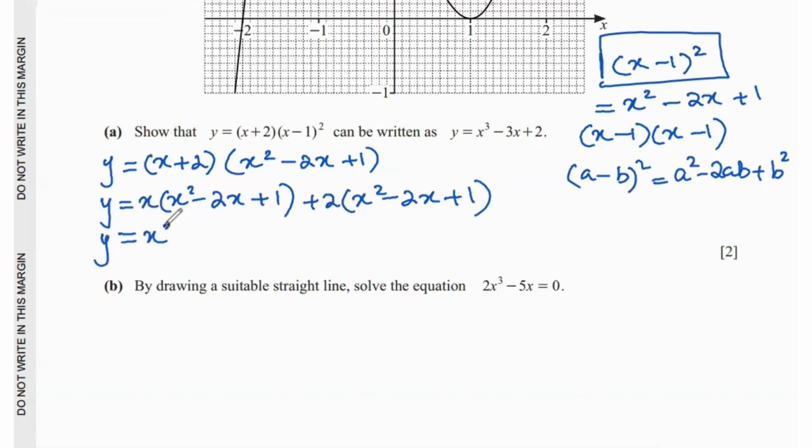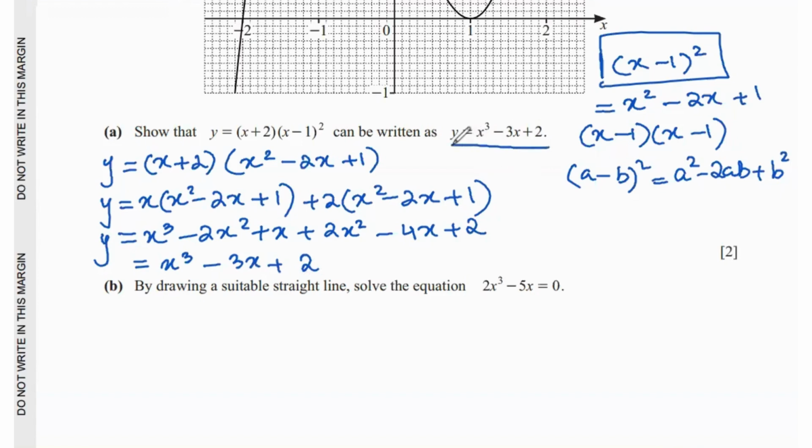So that's x cubed minus 2x squared plus x plus 2x squared minus 4x plus 2. That would be x cubed minus 3x plus 2, which is the same as what's given in the question.